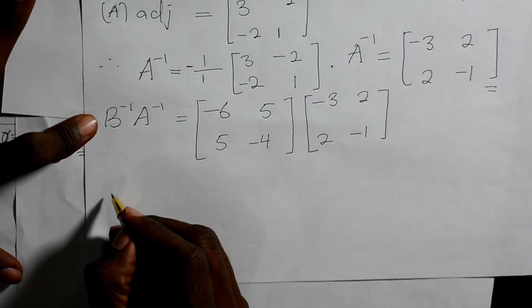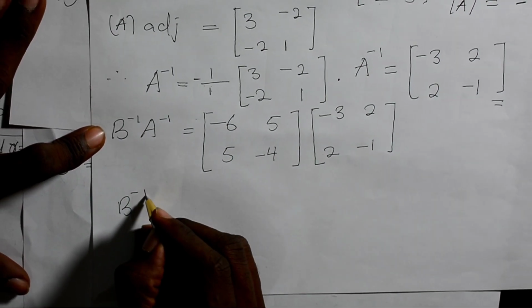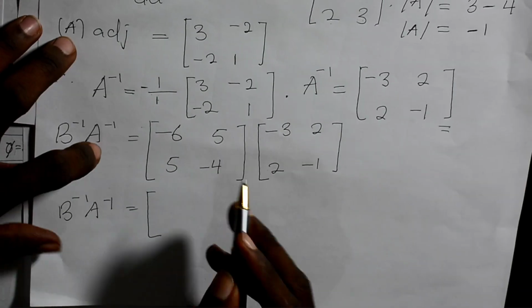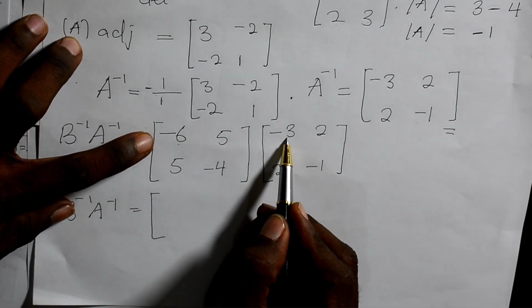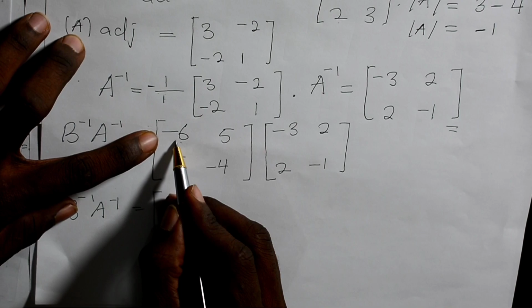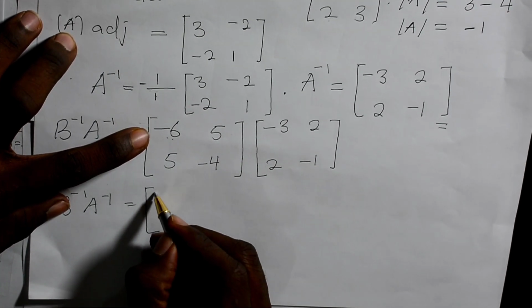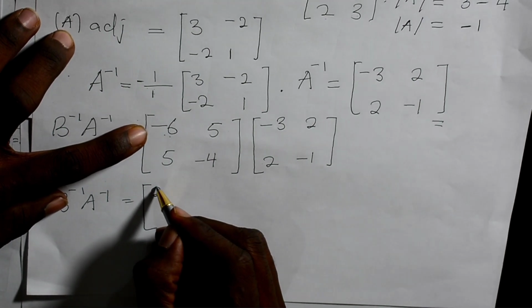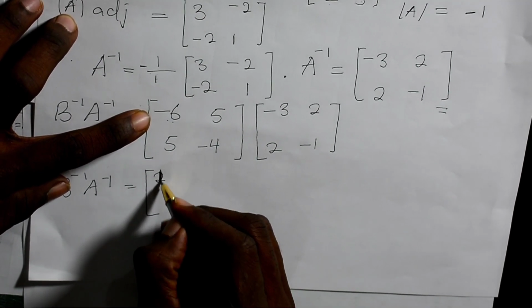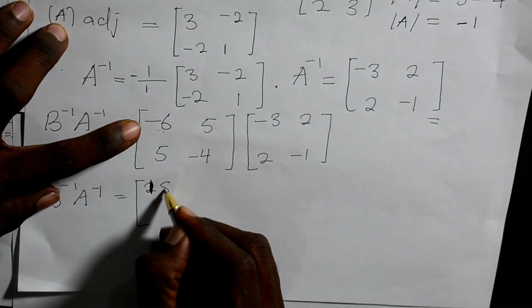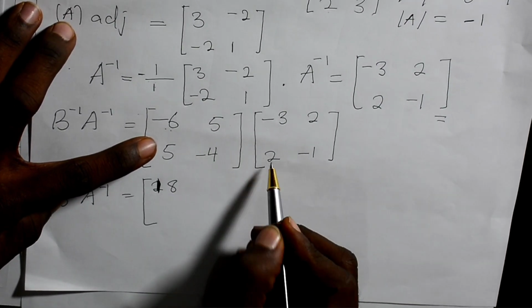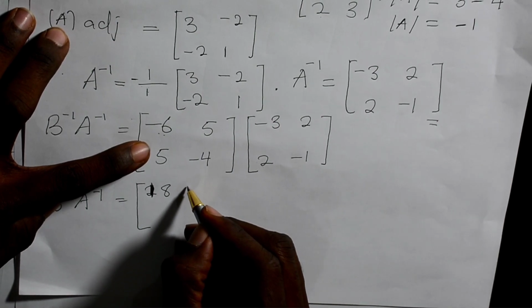So this B inverse A inverse will be equal to a matrix of minus 6 times minus 3. This will be minus times minus, plus, then this will be 18, and plus 5 times 2, that is plus 10.